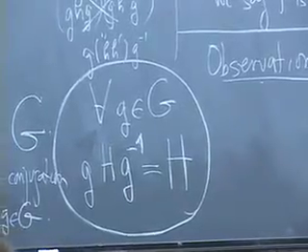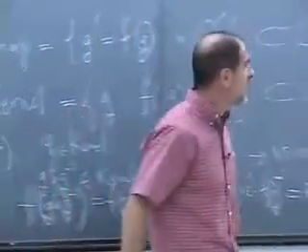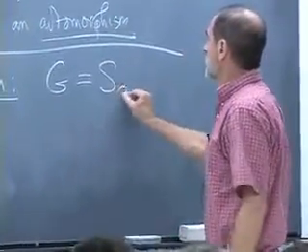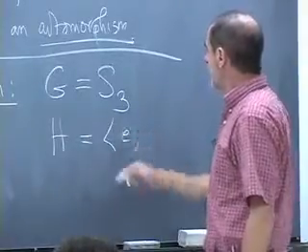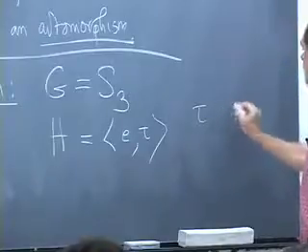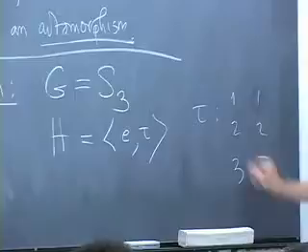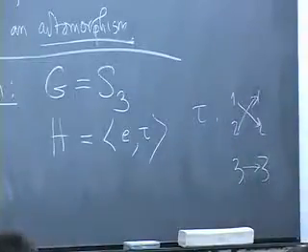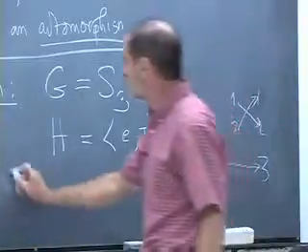Can someone suggest a simple non-abelian group to work with? Like S3. S3. So let's take a look at S3, and let's take a simple subgroup to work with. Let's take the identity element and our transposition tau, where tau sends 1 to 2, 2 to 1, and fixes 3. Now, I claim this is not normal.